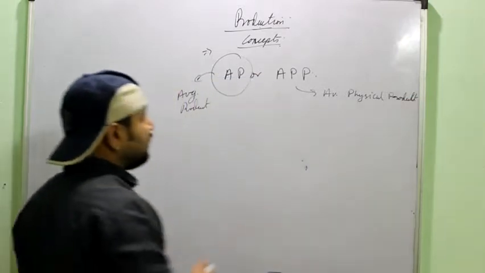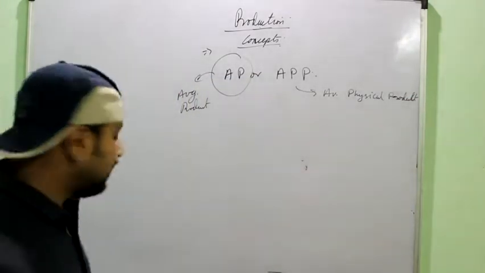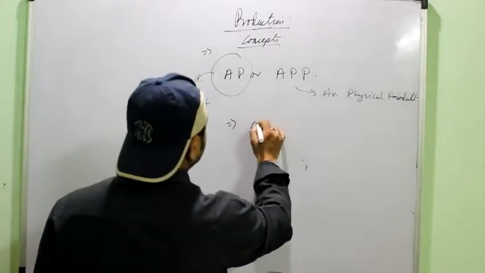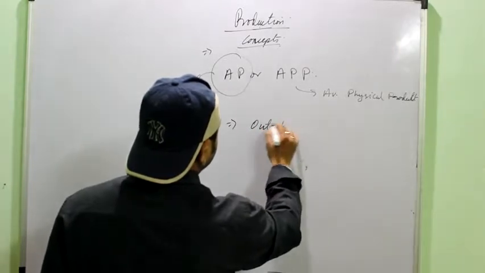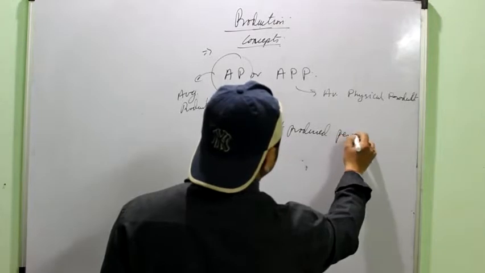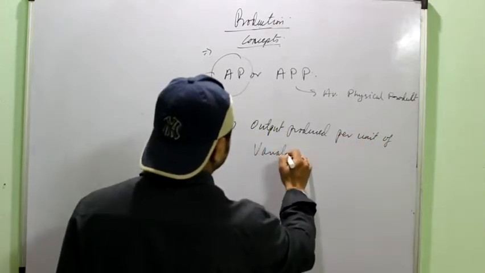See, the double P only stands for physical. Physical means measurable, right? It is the output produced per unit of variable factor employed.